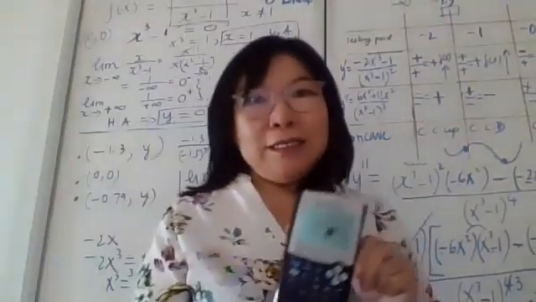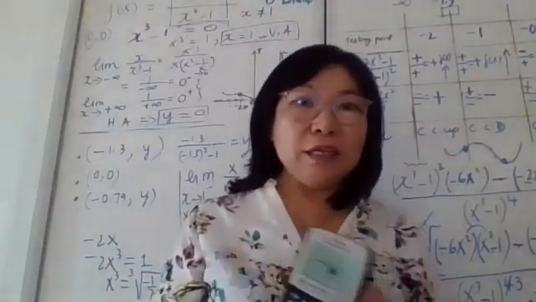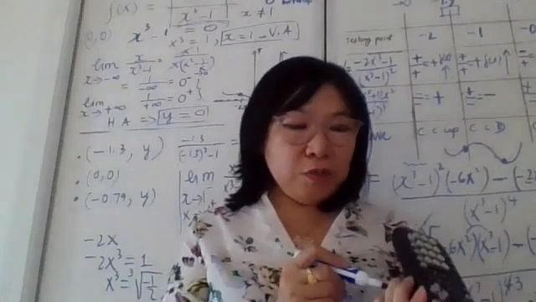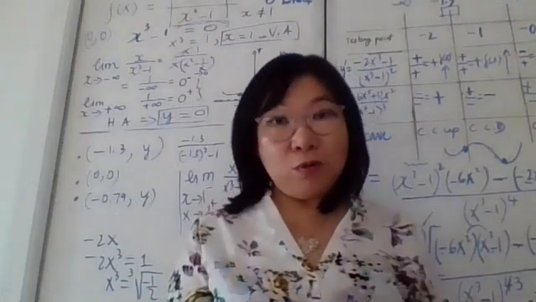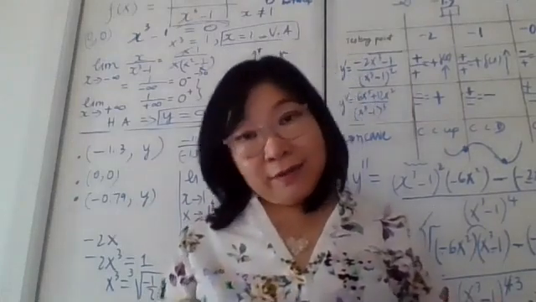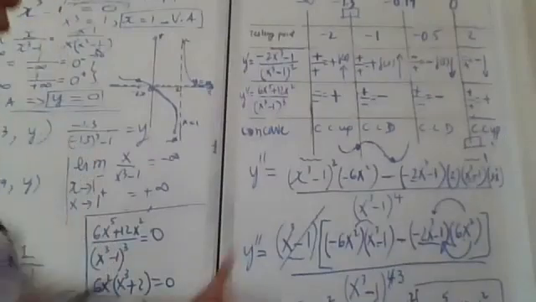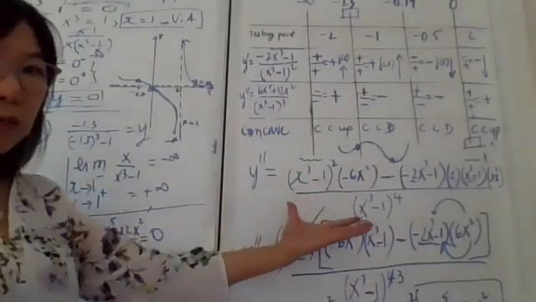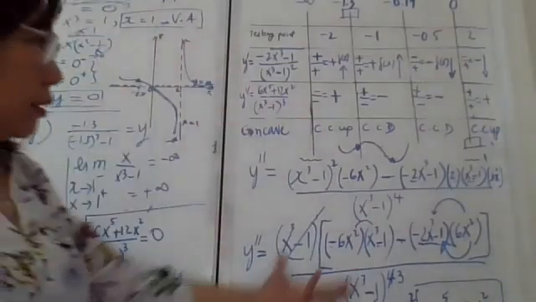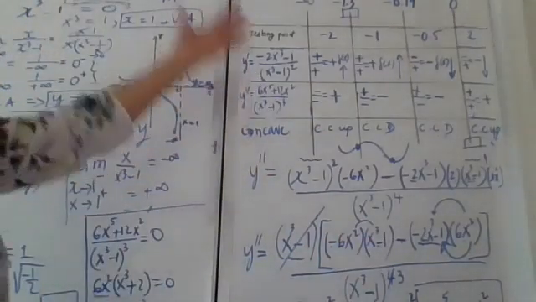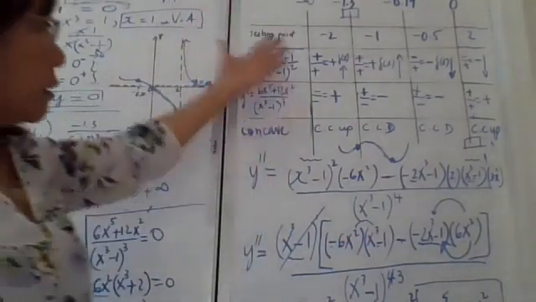Okay, so I end the long video here, and I hope you enjoy my long work. It's so boring, right? Because we have a lot of work going on, but at least I show you how to take the derivative of a complicated function. And finally, we got the second derivative, simplified it, got the data values, and analyzed the function.